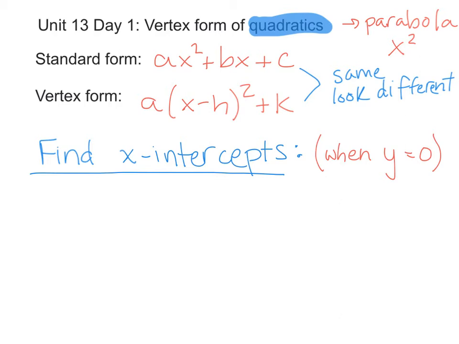So let's say we have y equals x minus 2 squared minus 25. Something we need to talk about is undoing. This is our quintessential PEMDAS.